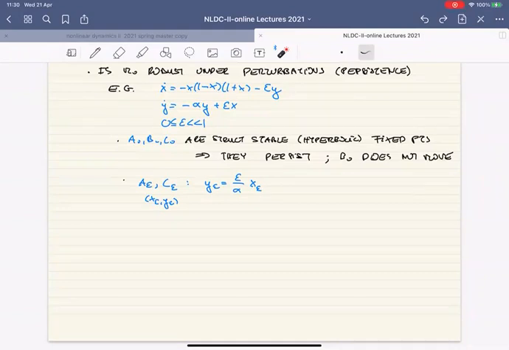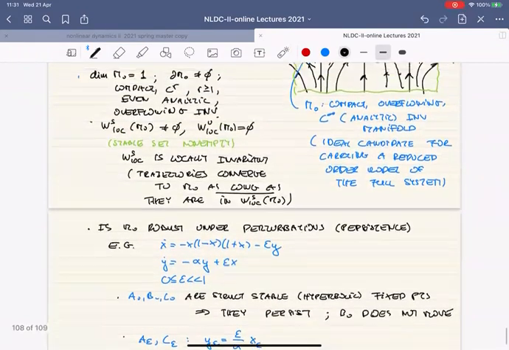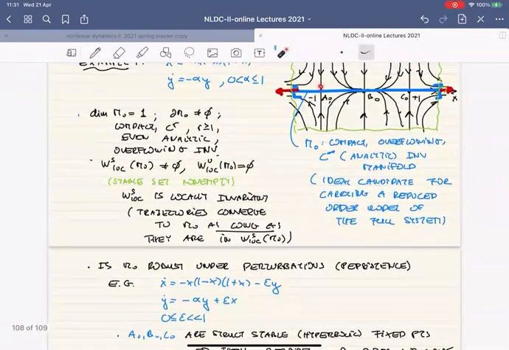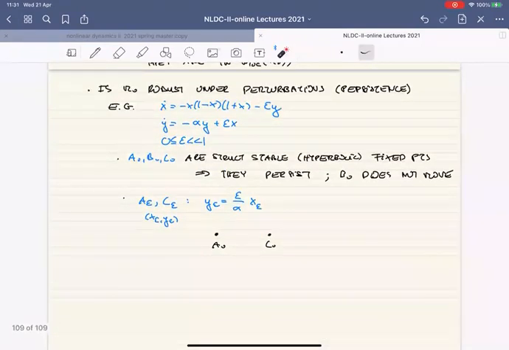So what do I read off from here? Just sort of in terms of schematics. This was A naught, and this was C naught. So these are the two fixed points here, A naught and C naught. Okay. Look, their new coordinates, which are no longer 0, have to satisfy this relationship.